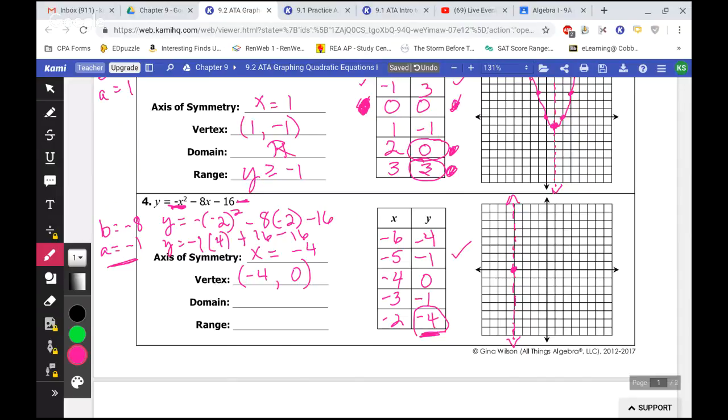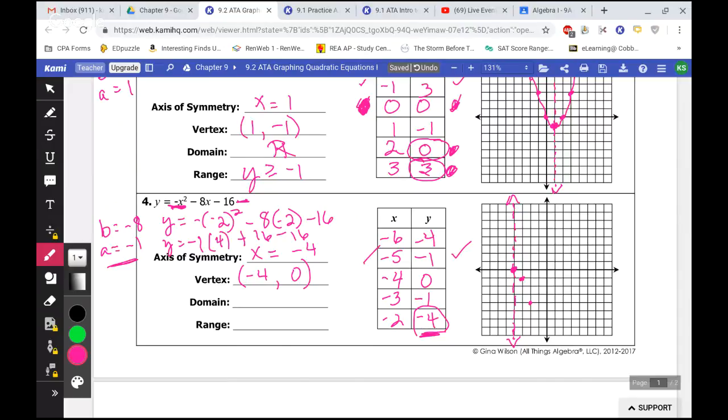Good job. Now let's plot some of our other points to confirm that it is in fact a frowny face parabola. We're going to go over left 3 and down 1. We're going to go over to the left 2 and down 4.